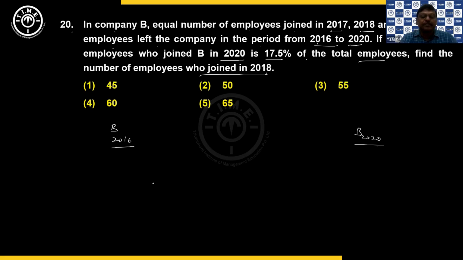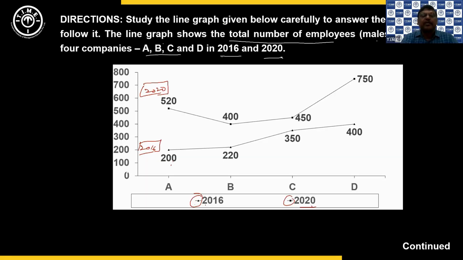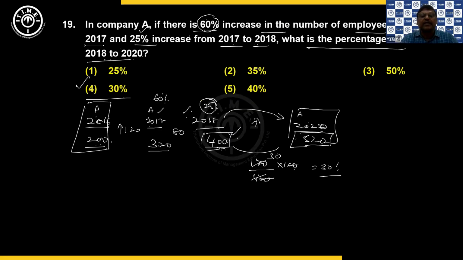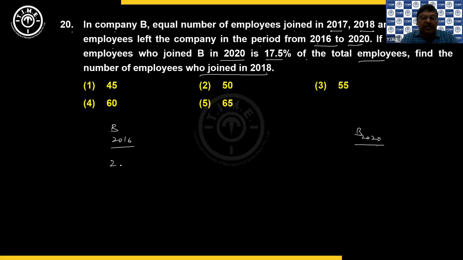So students, let's say 2016, what is B? You can say 220, and 2020 400. 220 here, 400 here. Students, 2017, 2018, 2019, every year some people are joining. Let's say some X people are joining.